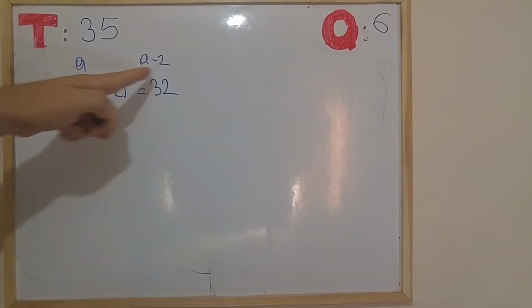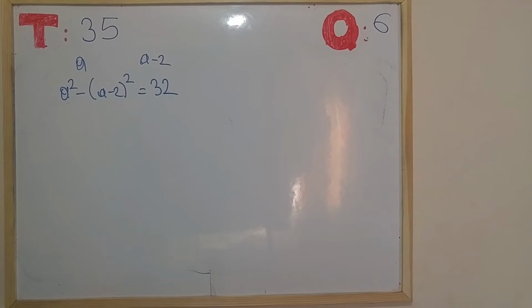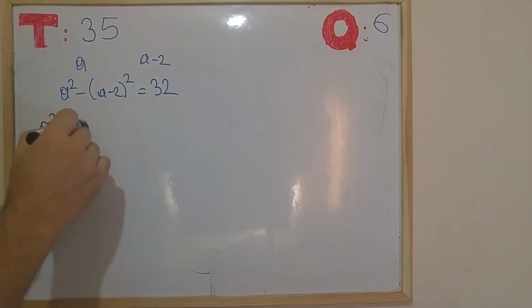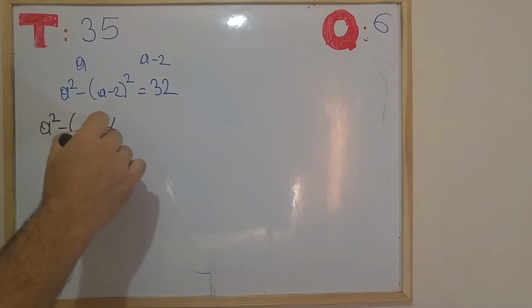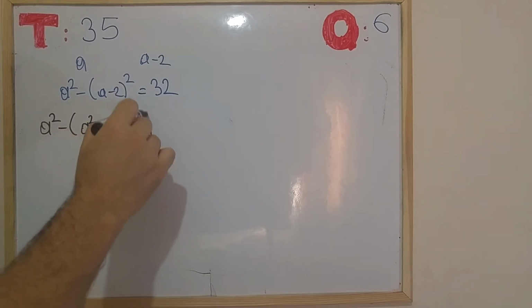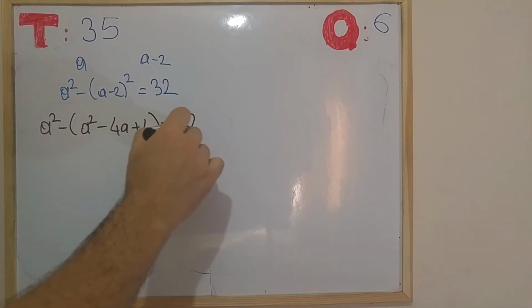Call the larger integer a and the smaller one a minus 2, so the difference of their squares is a square minus (a minus 2) square, which is equal to a square minus (a square minus 4a plus 4), equal to 32.